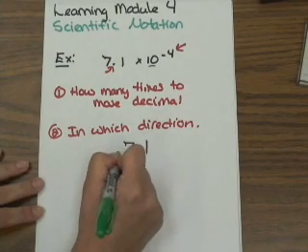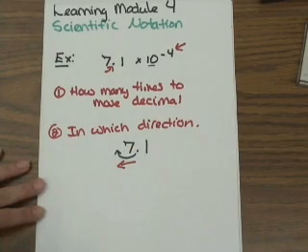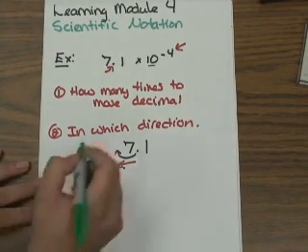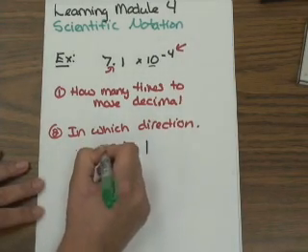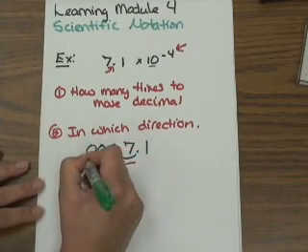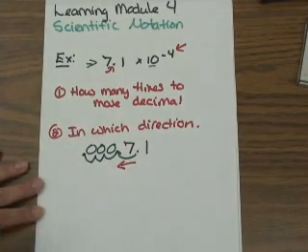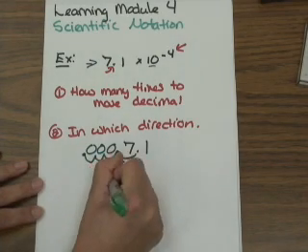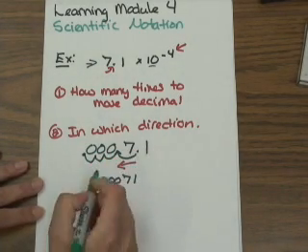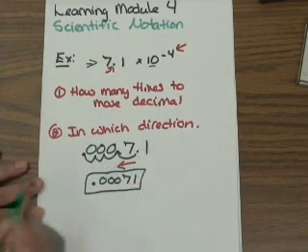So when I move it 1 place, that brings me here. I still need to move it 3 more times. So that means I need to add 3 zeros. 1, 2, 3. So me changing 7.1 times 10 to the negative 4, which is scientific notation, to standard form will look like this. This is my number in standard form.